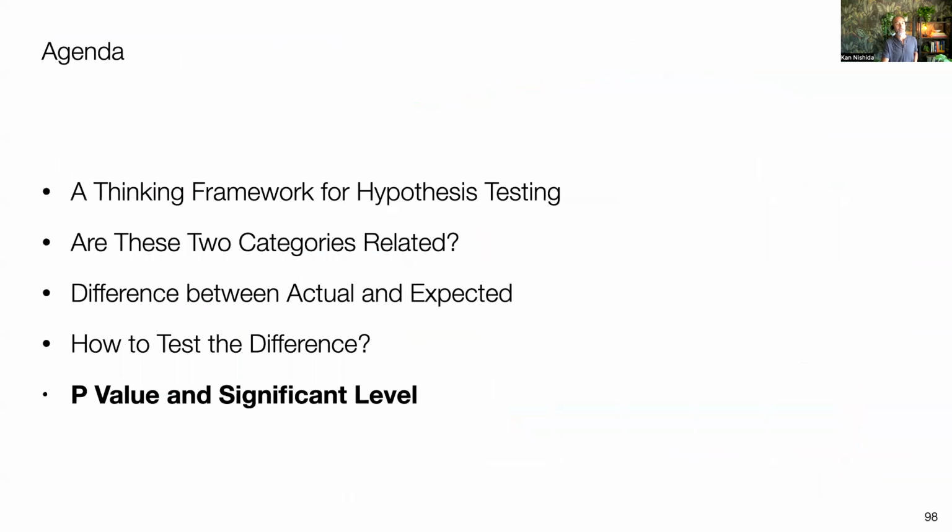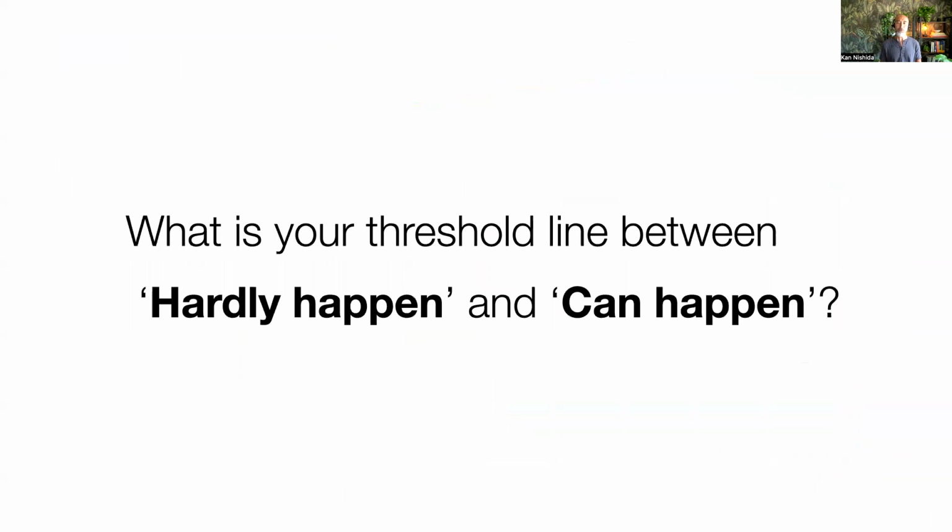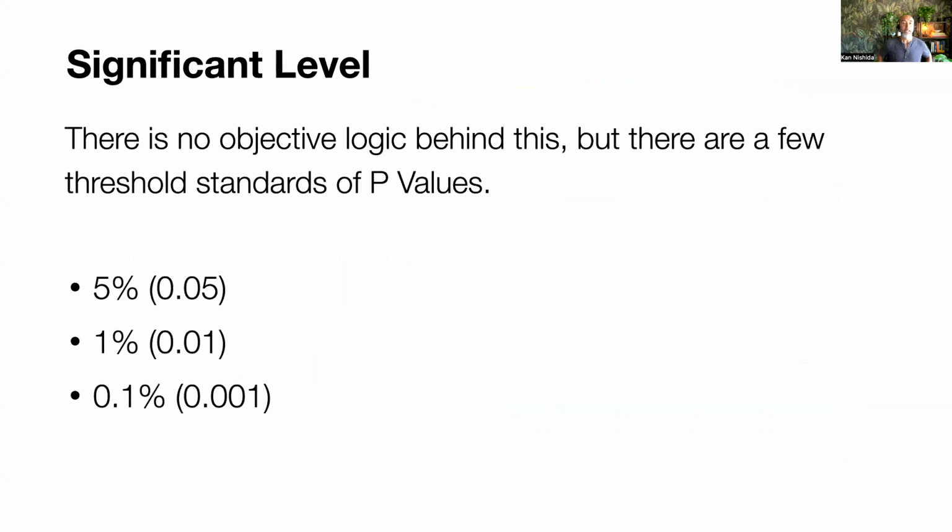And the last one is how we can actually make decisions based on this p-value. So what is your threshold line? What is your threshold between rarely happening and can happen, often happen? In hypothesis testing, we use something called the significance level.